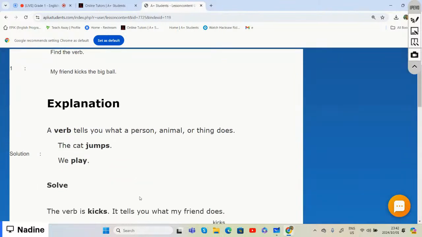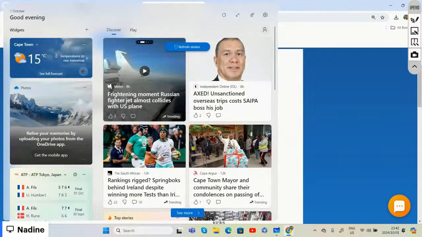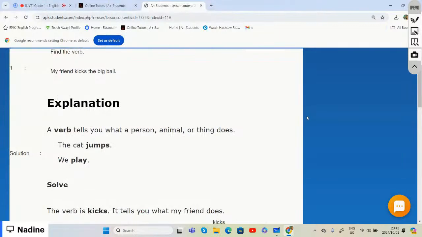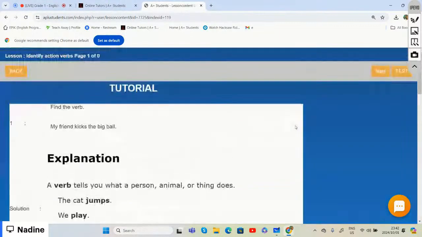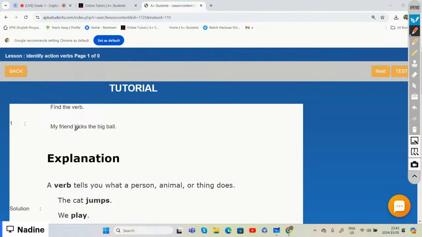And remember, we said that a verb tells you what a person, animal, or thing does. It's the action that he or she did. It says, my friend kicks the big ball. What is the action verb within that sentence? My friend kicks the big ball. If we were to choose the correct option, we would say kicks. And that is our action verb.